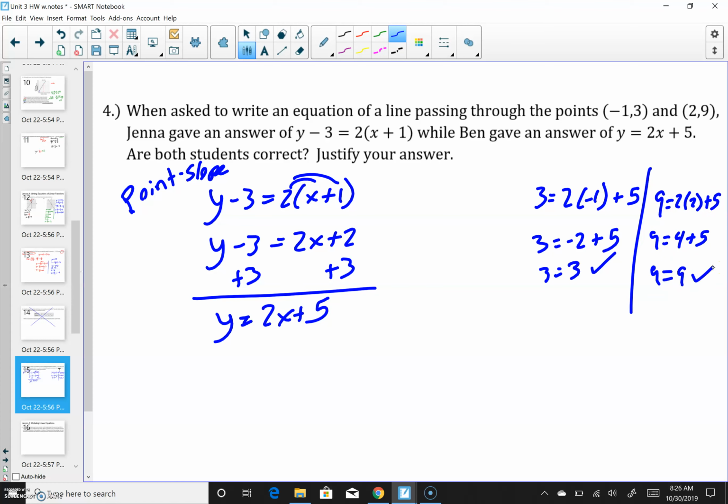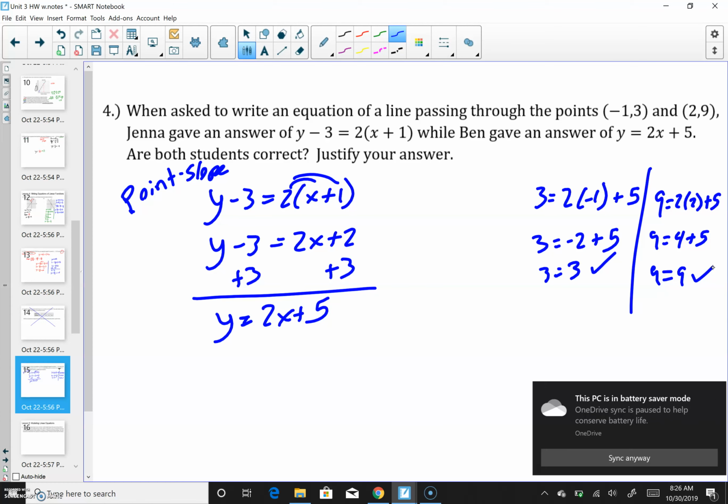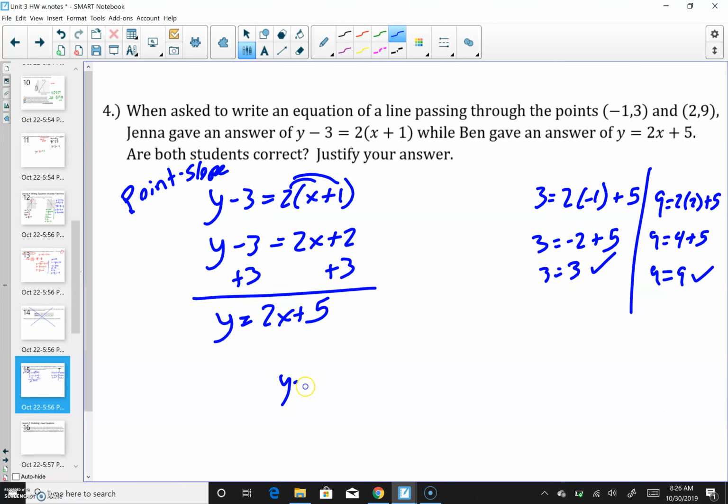So we know that Ben's was definitely an equation that works. When we rearrange Jenna's, we found out that both of them work, and therefore it is true that yes, both students are correct.